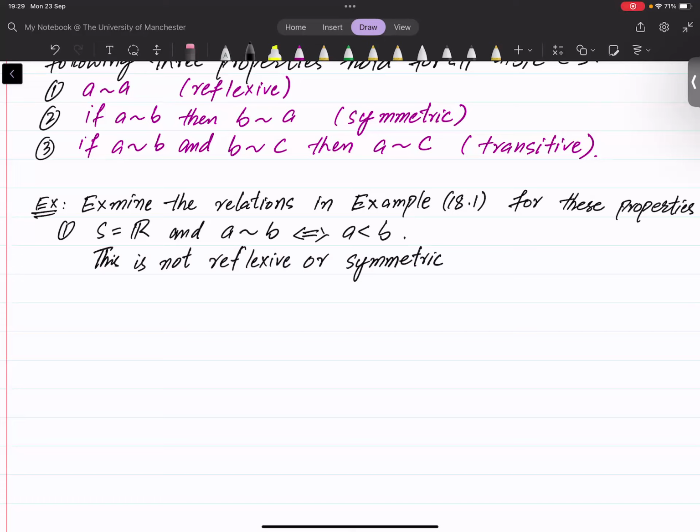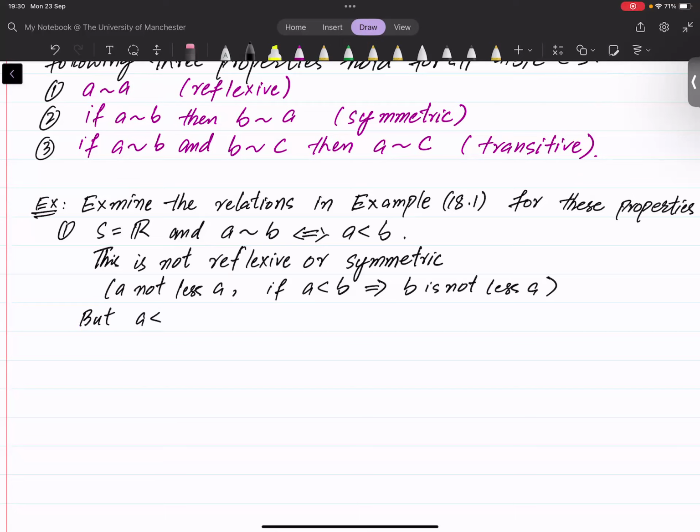Because a real number cannot be less than itself. So A is not less than A, and if A is less than B, then B is not less than A. These are the two reasons.